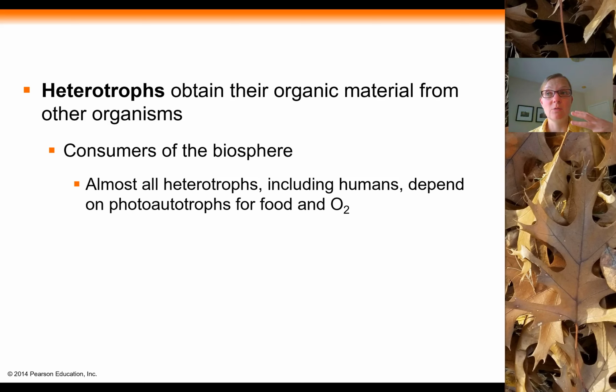So we will either directly depend on photosynthetic organisms for our energy. Let's say eating a salad, for example, right? You're directly consuming photosynthetic organisms to gain those sources of fuel. Or you might be a heterotroph if you don't like to eat the green stuff, right?